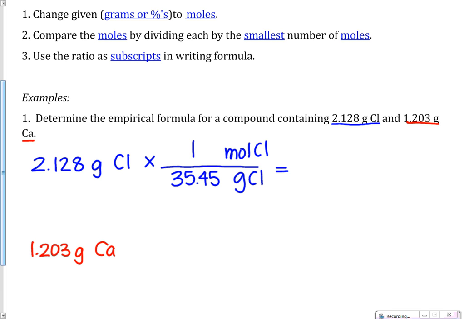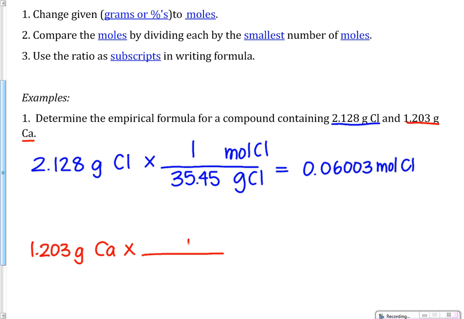And so what I would like you to do is use your calculators to figure out exactly what that number should be. Keeping in mind we should keep 4 significant digits. These zeros don't count, so your answer should be 0.06003 moles of Cl.